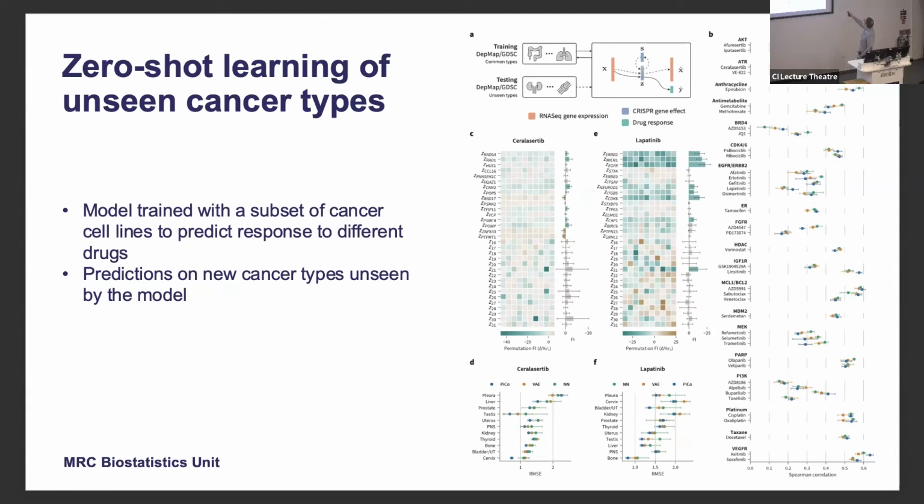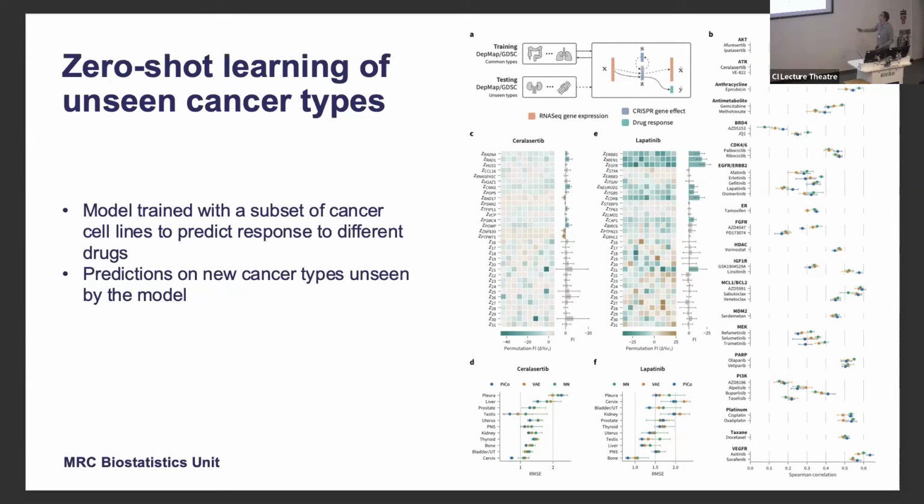So here you have the performance of the model on a lot of different drugs. These are grouped by different target. And basically what we can see here is that in general, the model does better than just using an unsupervised, unconstrained variational autoencoder or another baseline, which is a neural network.